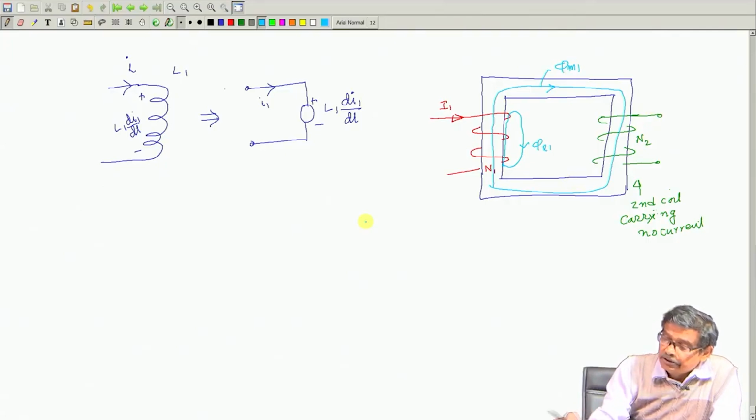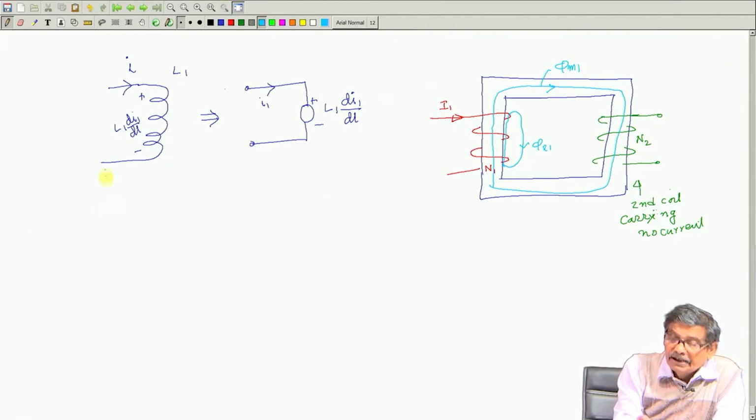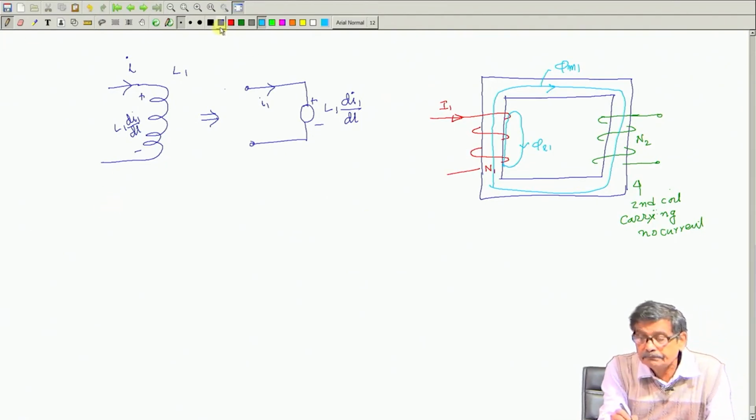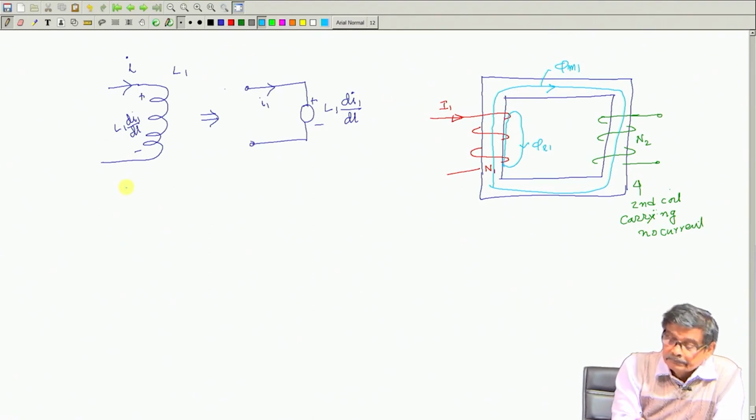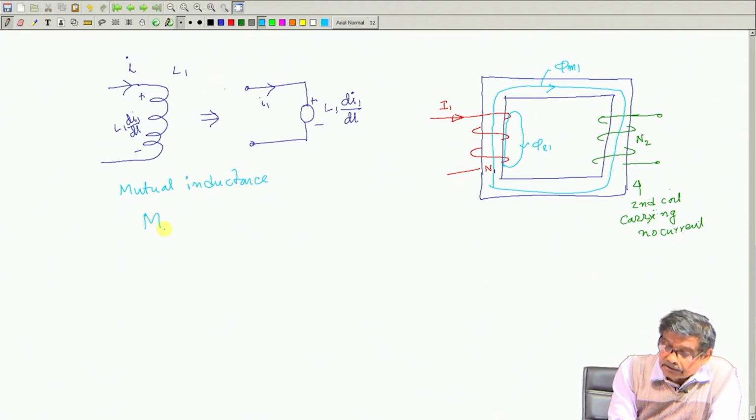Now, mutual inductance between these two coils is defined as mutual inductance M21, that is how I will write.